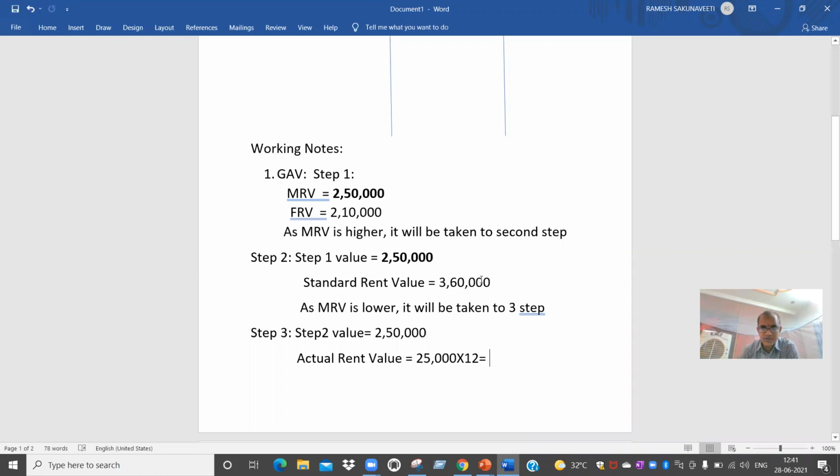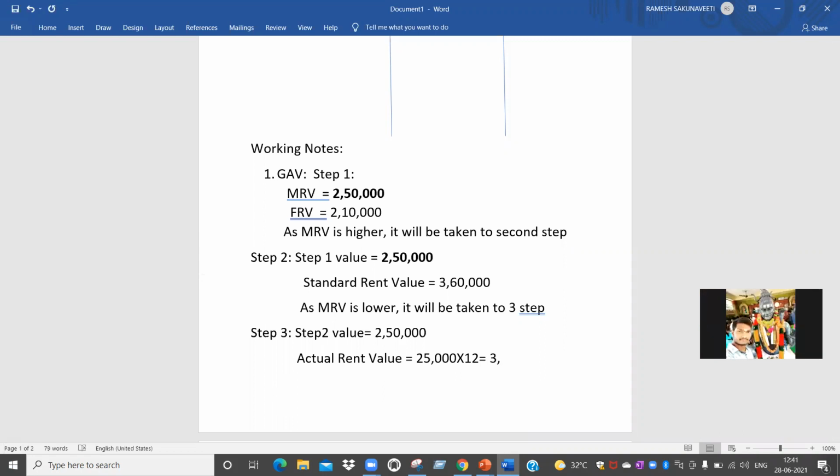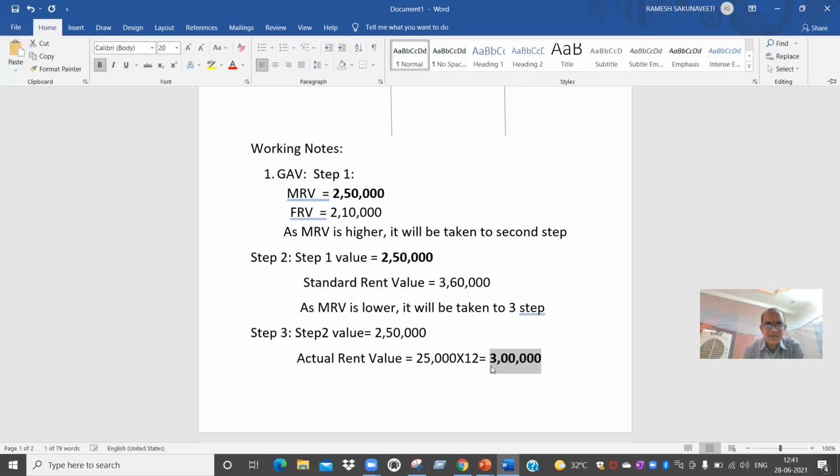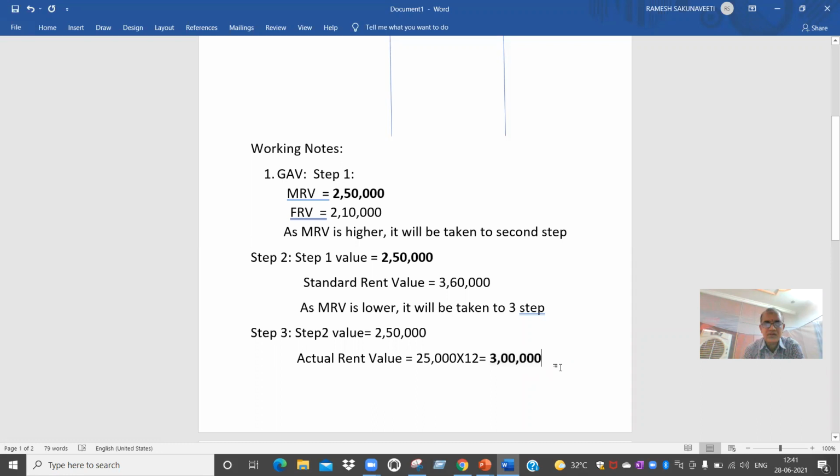What is the value? Please sit with calculators and tell me. 3 lakhs, sir. 3 lakhs? Yes, sir. You cross check. 12 fives are 60. Okay, correct. Very good. 3 lakhs. So what is the value of this one? This is GAV, gross annual value.